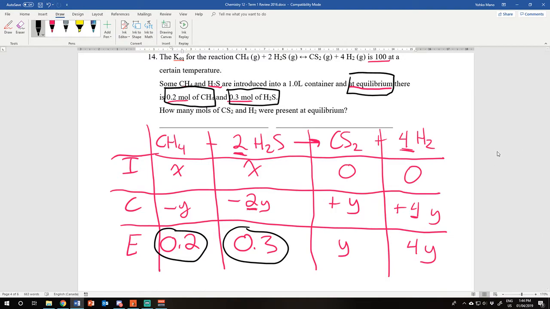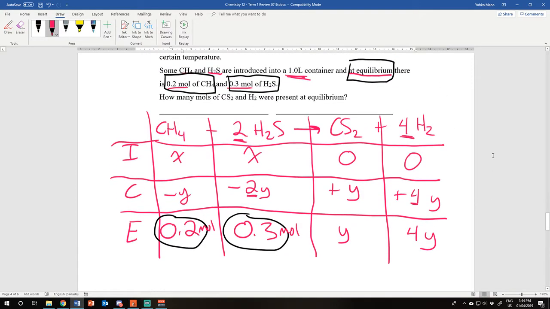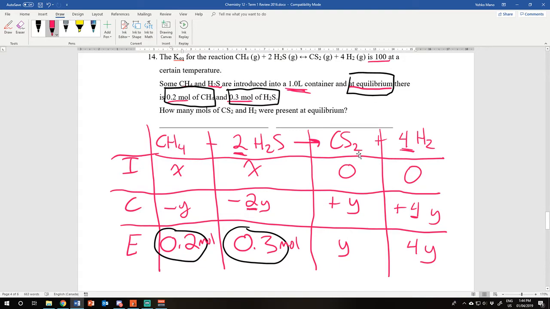All right. It tells me I have moles, so I should write that in as moles. This becomes semi-important because I have a 1 liter container. In order to calculate the moles of CS2 and H2, I have to use Keq, and if you recall, Keq deals with concentrations.